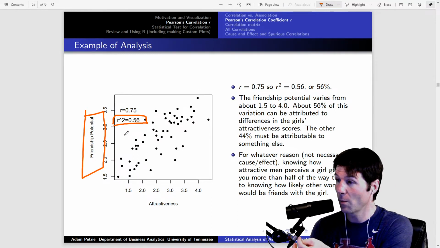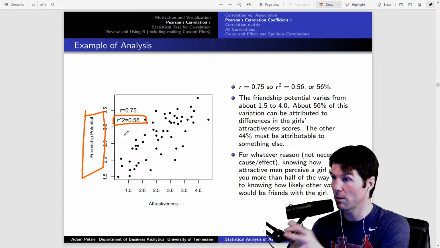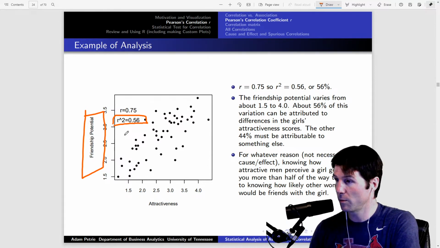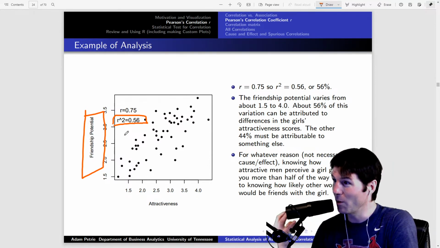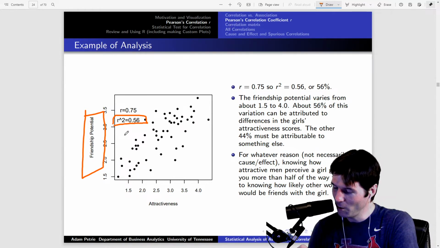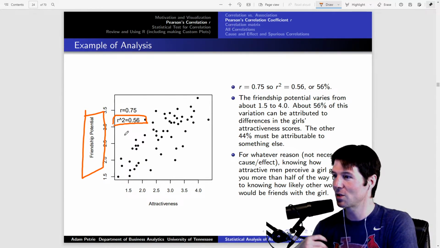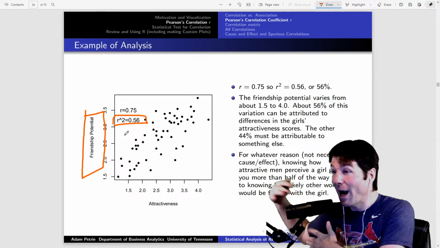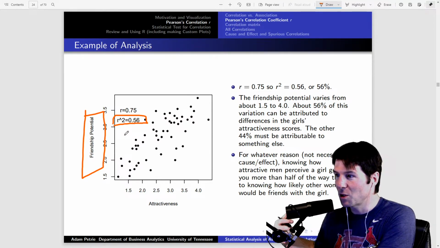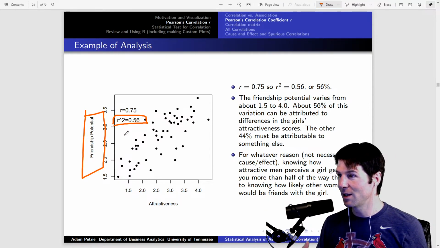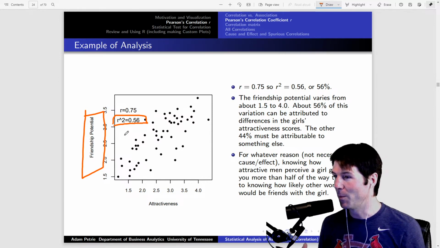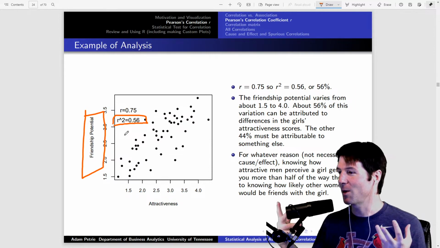This is how I convince people of the practical significance. A major component in how much friendship potential people think you have, over half of it, is apparently explained by how attractive people think you are, which just sucks about our world.